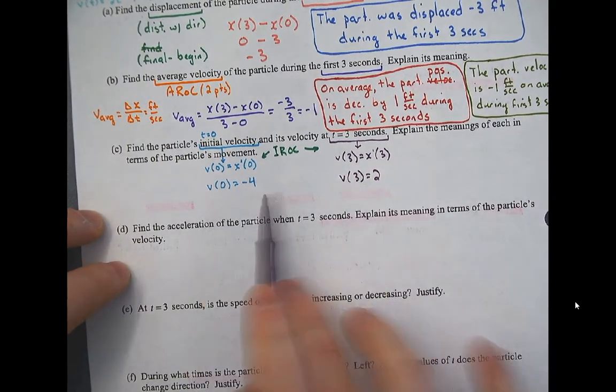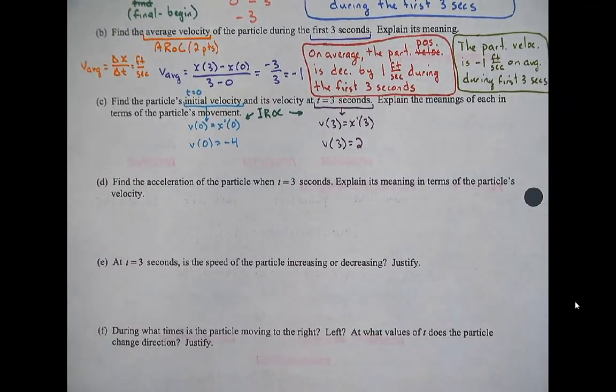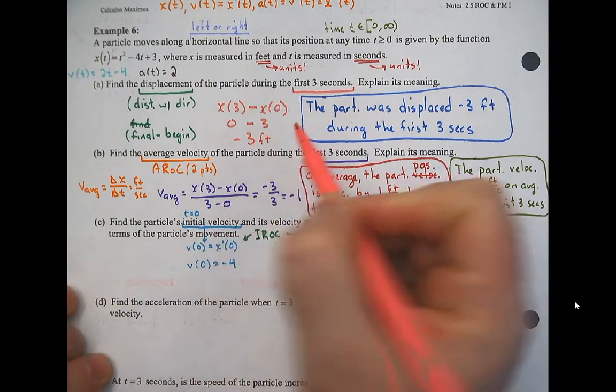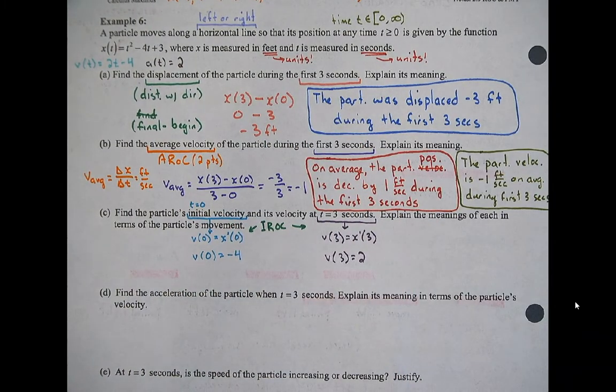Now, if you want to write units here, you can. I always just write my units at the end. That's probably a bad habit, isn't it? Maybe I should go back. I'm going to go back and actually add units to everything that we've done, because I don't think you have to write up units at that point.